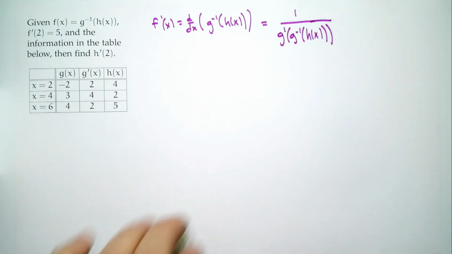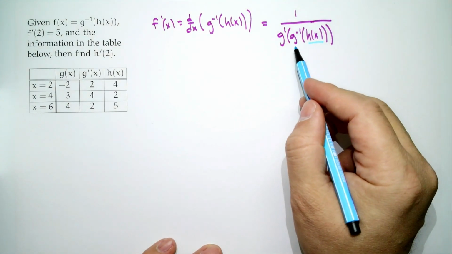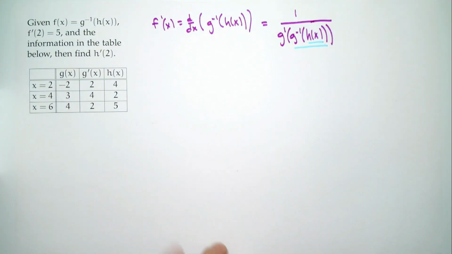Now, are we done? Probably not. Usually when I ask that question, the answer is no. What do we need to do? We need to do the chain rule. Now let's be careful here. What's the inside part? Is it h of x, or is it g inverse of h of x? It's the h of x.